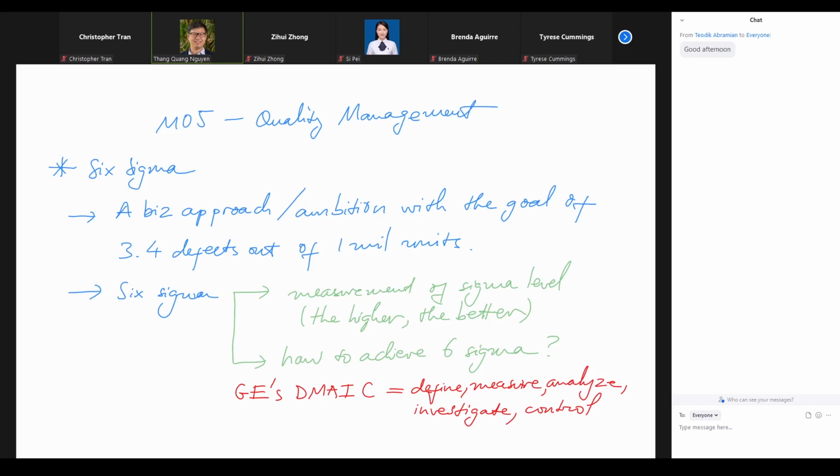So some of you might ask how come we can achieve 3.4 defects out of 1 million, right? But actually, in reality, there are processes that are operating at that level. For example, GE's airplane engine department has to work at that level, right? Because airplanes cannot have a failure in the engines.